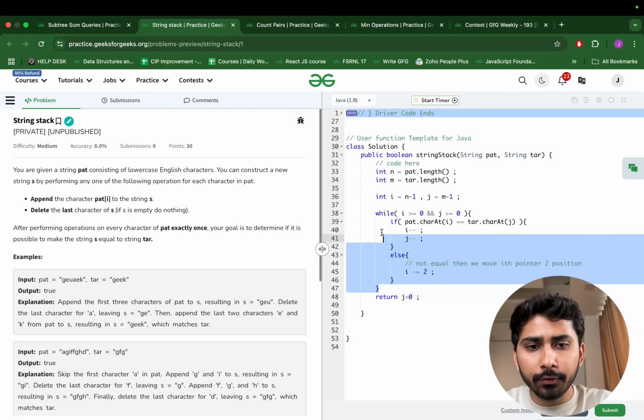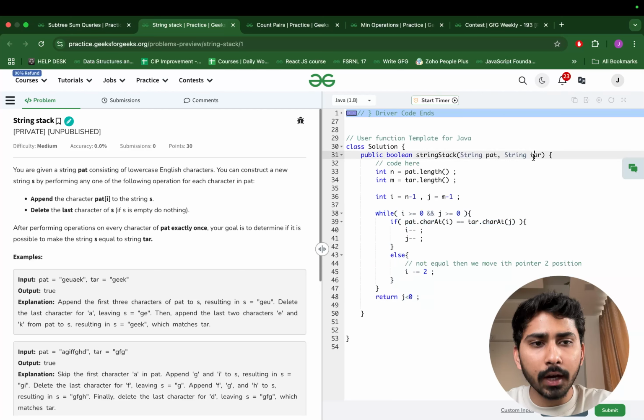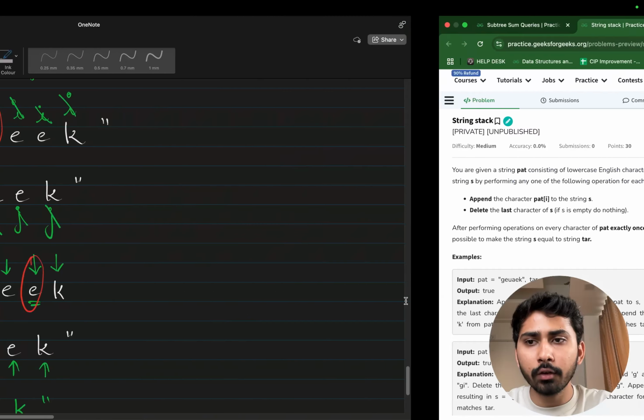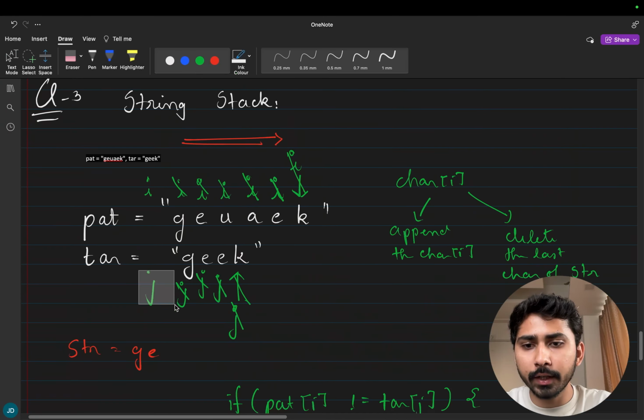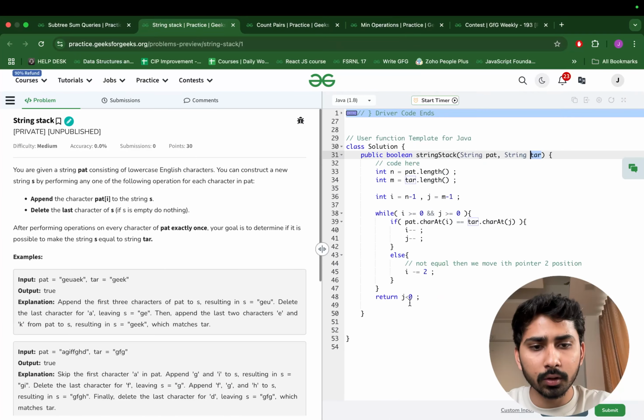And at the end, if j has iterated over all the characters of tar, then the value of j would be less than 0. As we have observed in this case, j was out of the range, it was something negative. So this suggests that if j is less than 0, then the answer is possible, else the answer will not be possible.